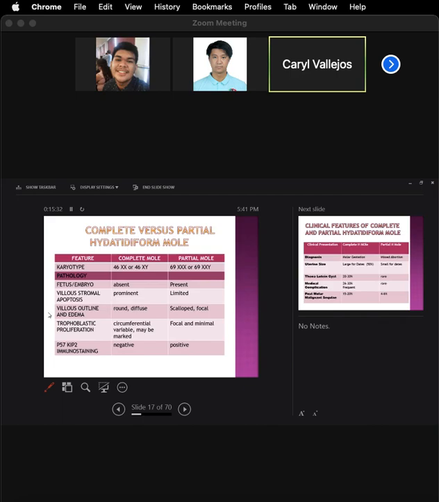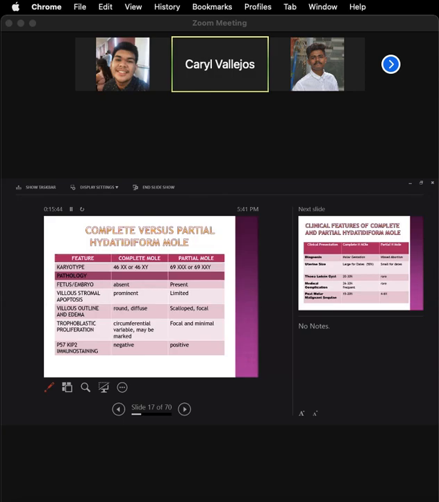Apart from that, the fetus or the embryo is absent in your complete hydatidiform mole, however present in your partial hydatidiform mole. The villus stromal apoptosis is prominent in your complete mole, however limited in your partial. The villus outline and edema are round and diffuse in your complete, however scalloped and focal in your partial.